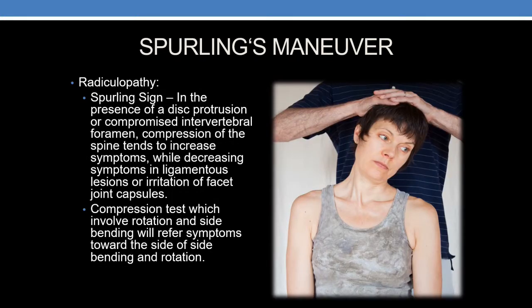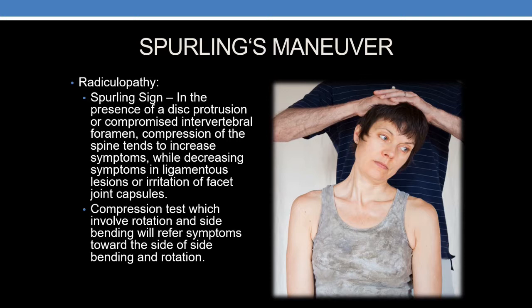Okay, so for those of you that have the PowerPoint presentation, I have a diagram here of how this maneuver is performed, and you can see in this diagram the examinee is in a position of cervical left lateral flexion, and the AMA guides refer to this as the Sperling sign.